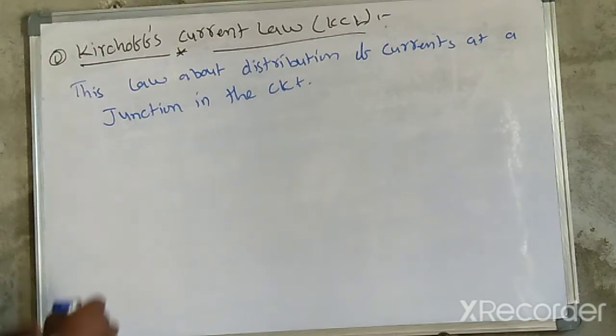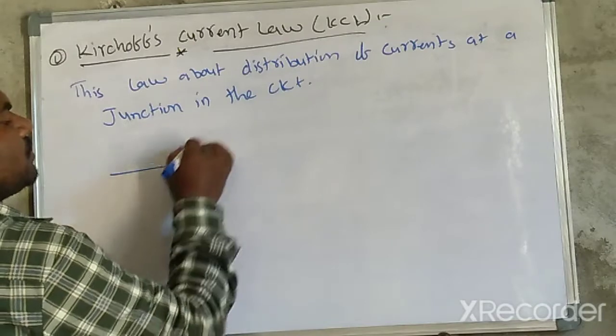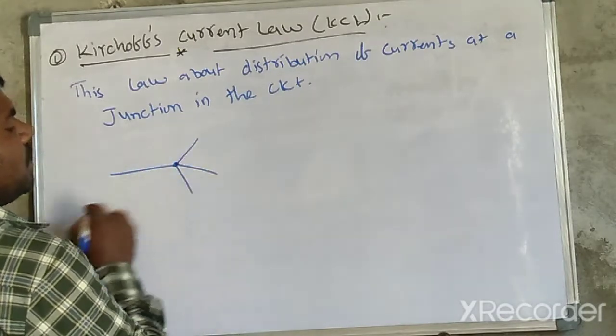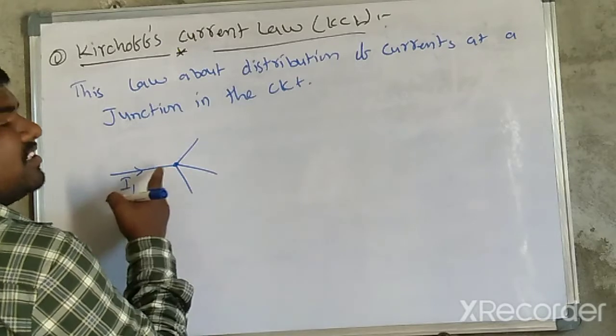Let us consider this is one wire, here the junction, and this another wire. Here the current I1 enters the junction, and the currents leaving are I2, I3 and I4. The current entering the junction is equal to the current leaving the junction.